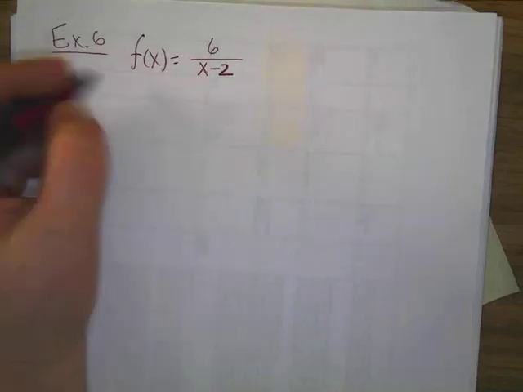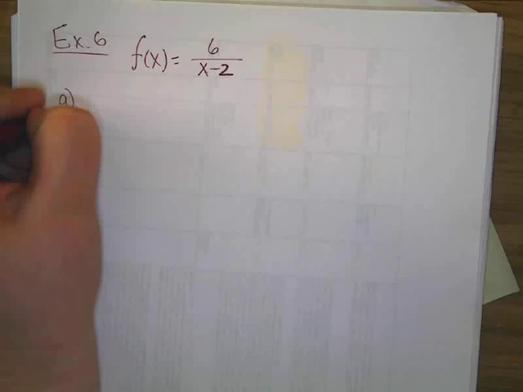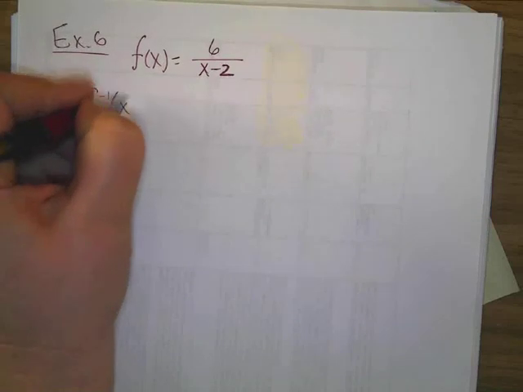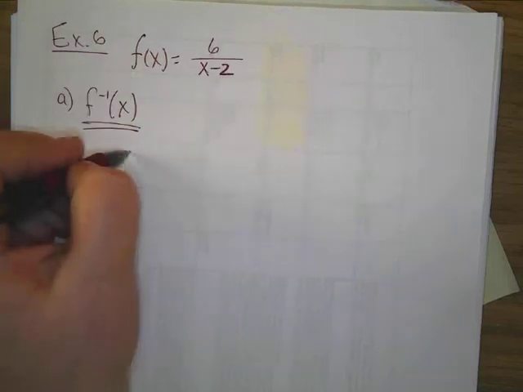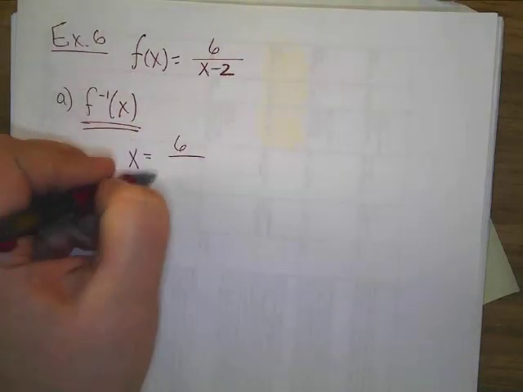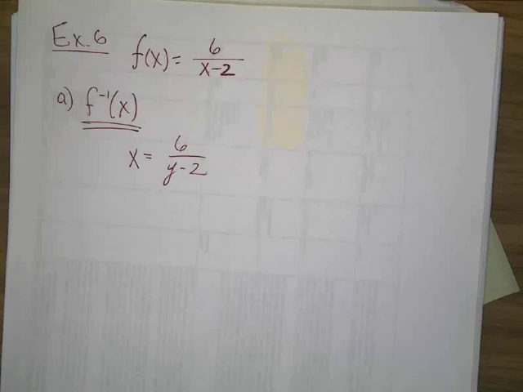The first thing we need to find is f to the negative 1 of x. That means the inverse function of f. That's proper notation. In order to find the inverse, what do we got to switch? The x's and the y's. So we're going to have x equals 6 over y minus 2. And we gotta solve for y.